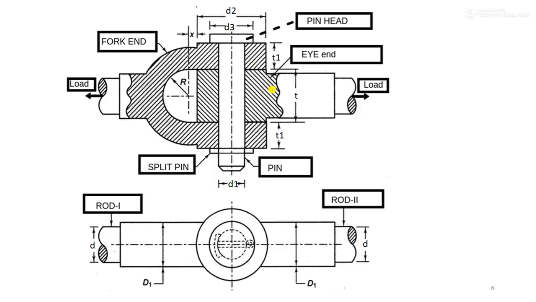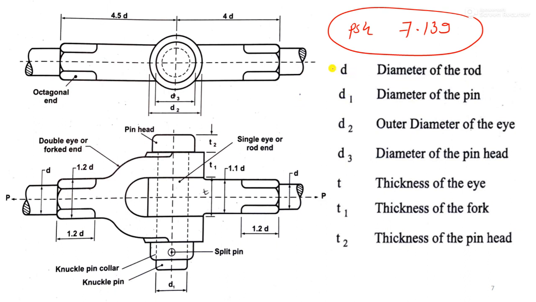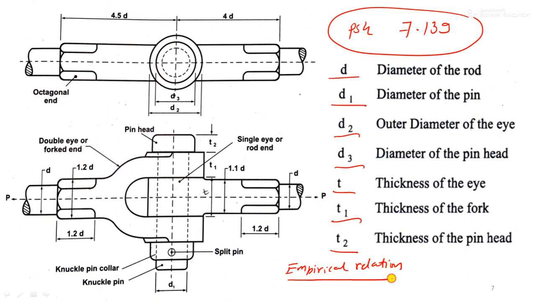You can use this diagram also. I have considered all the notations, that is D1, D, D3, D, T1, T2, based on the data book only. So there is no need to remember all the dimensions, as well as the empirical relations. As I said, we will also be using empirical relations along with the stress analysis, where it is not necessary to do the stress analysis.